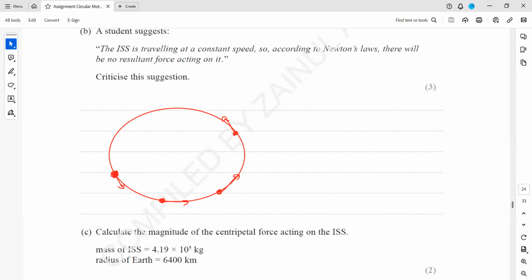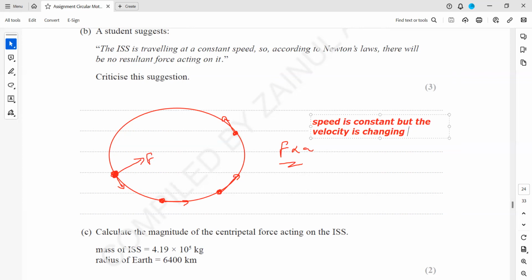Because there is a change in velocity, it must be accelerating. And whenever there's an acceleration, there must be a force. That force in this case is acting toward the center, the centripetal force. So how do we write the answer? We mention the speed is constant, but the velocity is changing. Whenever an object is moving in a circular path, it will always accelerate.